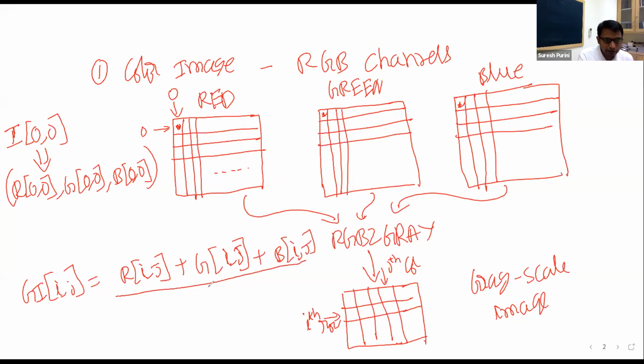We take the sum of them and divide by 3. So we are merging the RGB channels, taking the average of them, and computing a pixel of the grayscale.